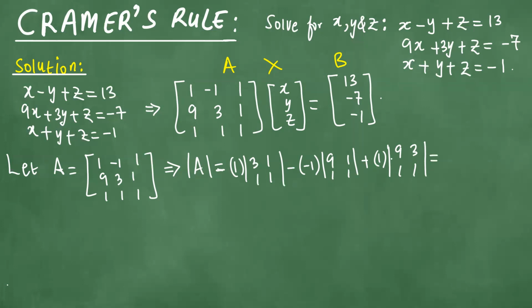So now this one becomes exactly 1 and 2. 3 minus 1, 2. 9 minus 1, 8. 9 minus 3, 6. So this is exactly 16 if you add everything. So it means the determinant of A is 16.